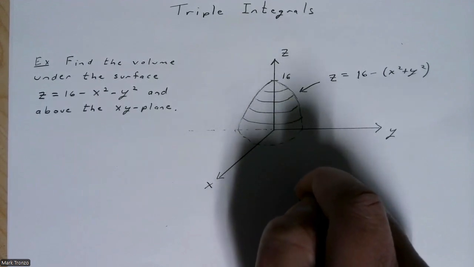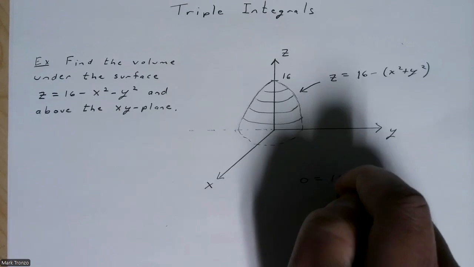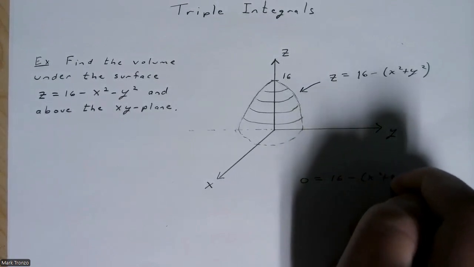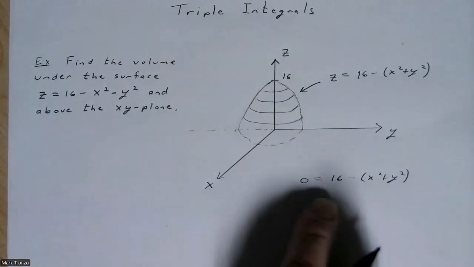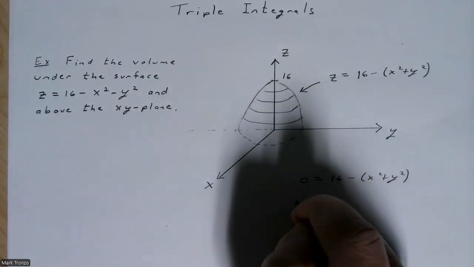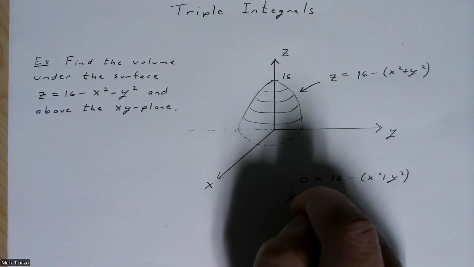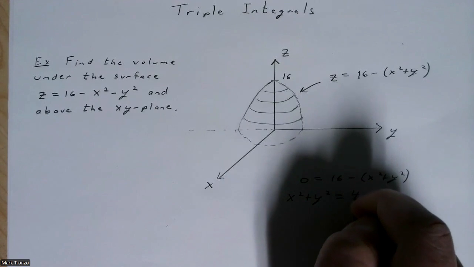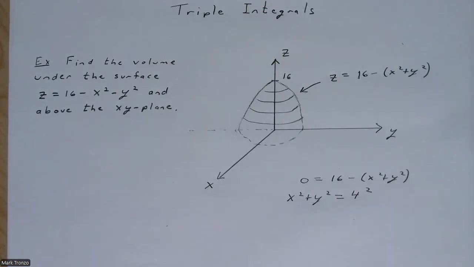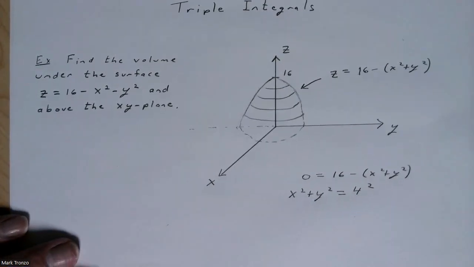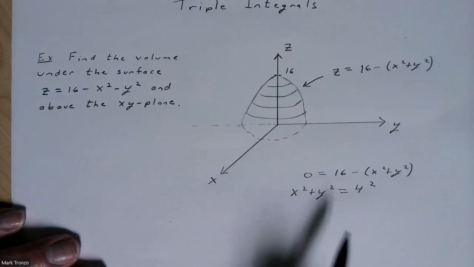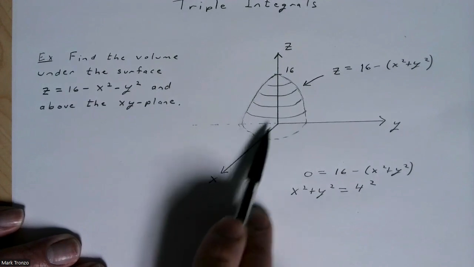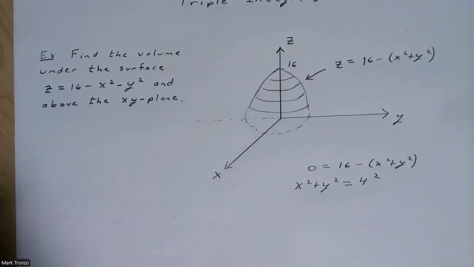So z equals 0, 16 minus x squared minus y squared. And if we rearrange this, we can write 16, of course, is 4 squared, and that looks like a circle. So we're going to have a circle in the xy plane, which is going to be where our surface intersects the xy plane.